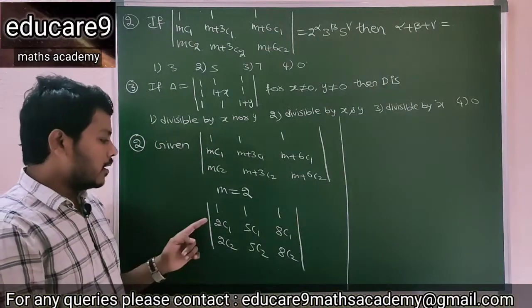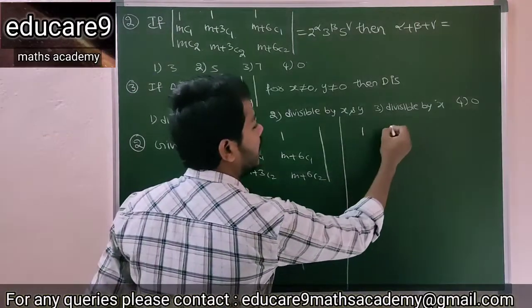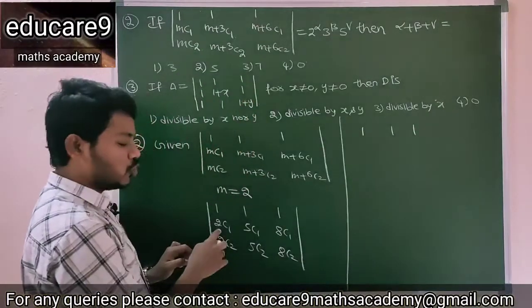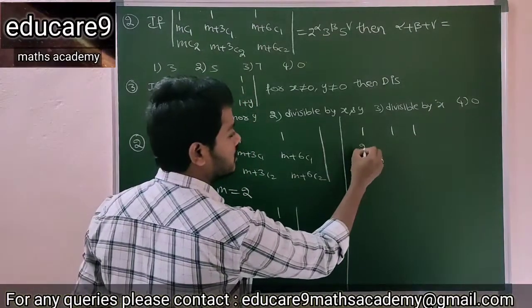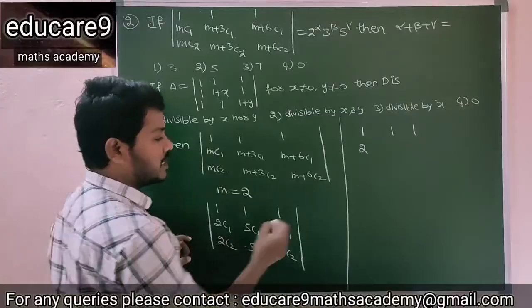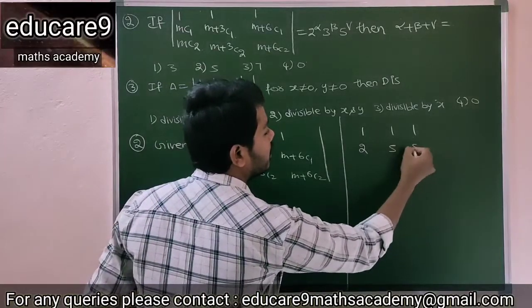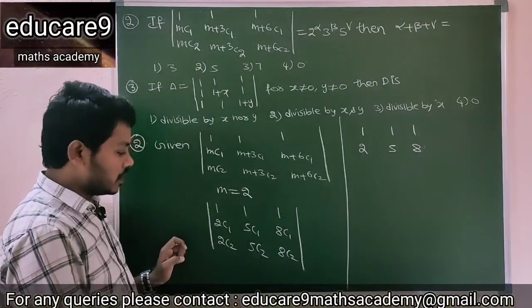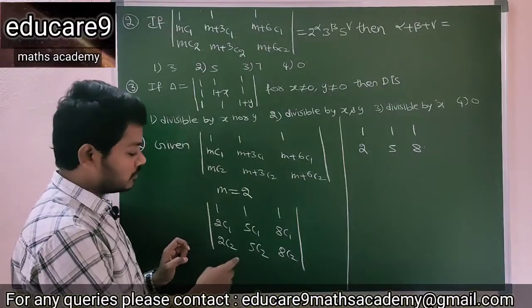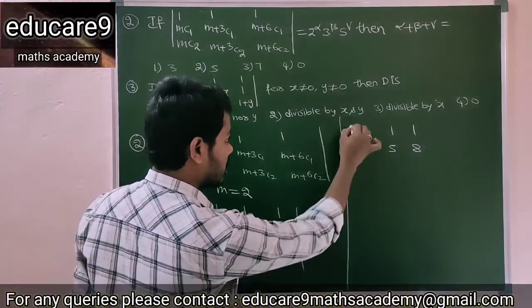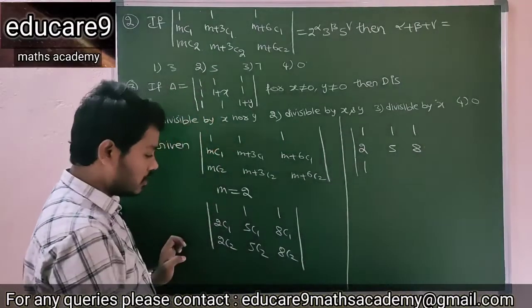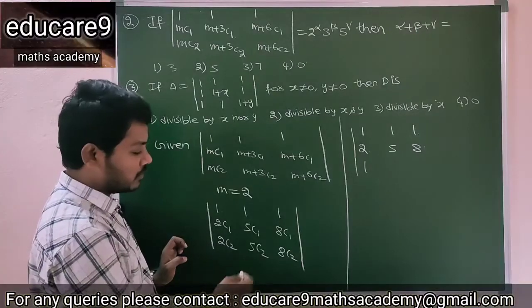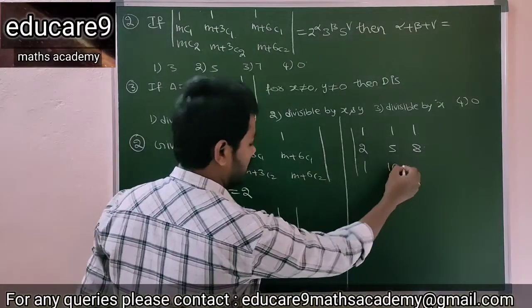So now here 1, 1, 1. So 2C1 value, that is 2. Next 5C1 value, 5, and 8C1, 8. Next 2C2 value, that is 1. Next 5C2 value, that is 10.